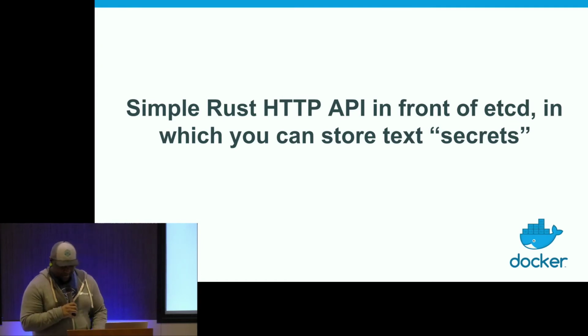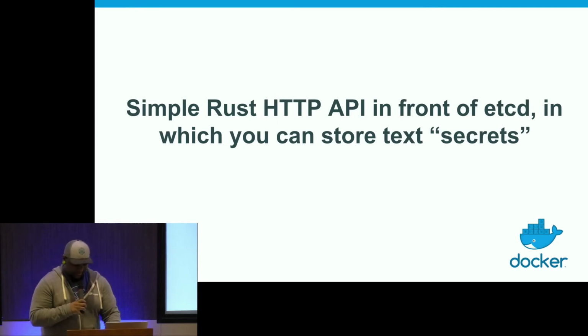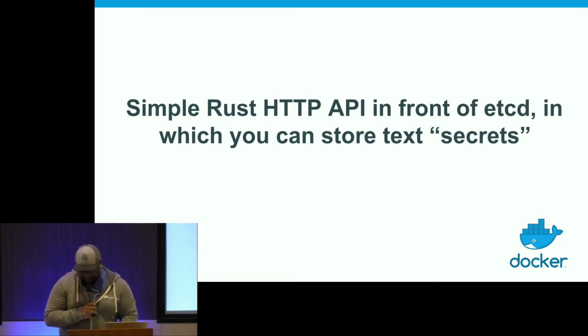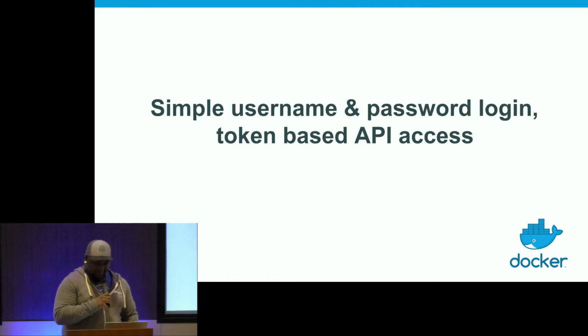I use that in quotes because they're not encrypted, they're plain text, and they're not actually secrets. So don't use this ever. And there's a simple username and password login that generates a token, and that token is then used for your API access, and we'll go into that.